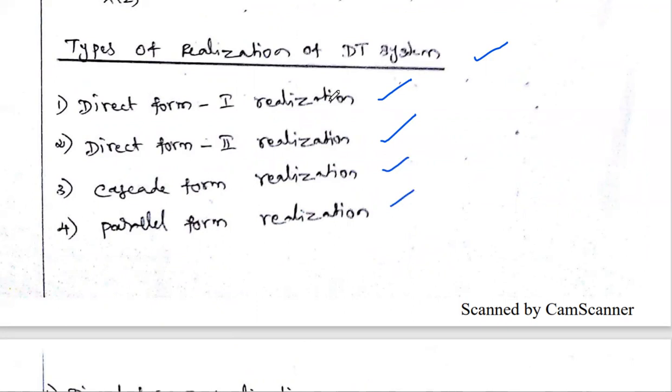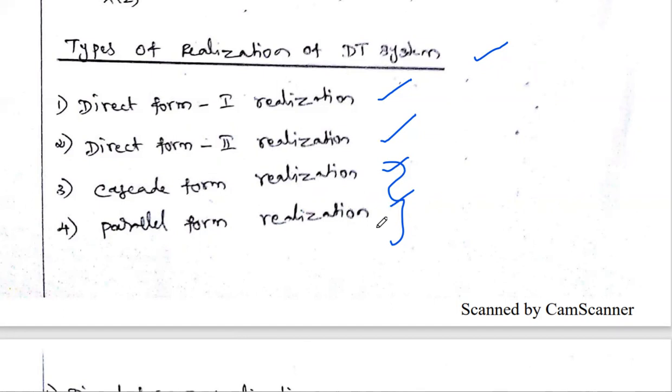For the cascade and parallel form realization, direct form 2 is the base, so we have to study direct form 2 clearly. Using direct form 2 only, we realize in cascade form and parallel form. These are the 4 different types of realization of discrete time systems.